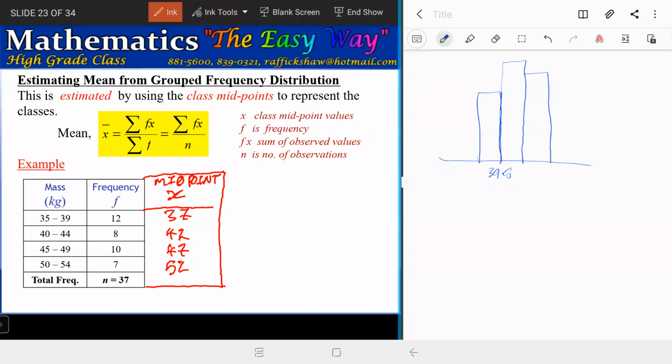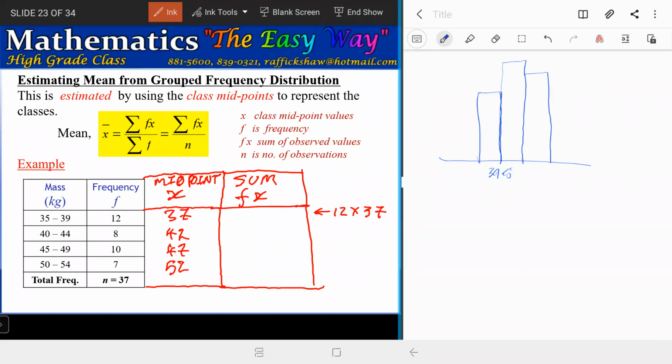If we do it group by group, we want the sum of the mass. We can multiply the frequency times the mass, because the frequency is the number of bars that measure that value, 37 for example. So for this group it's 12 times 37.